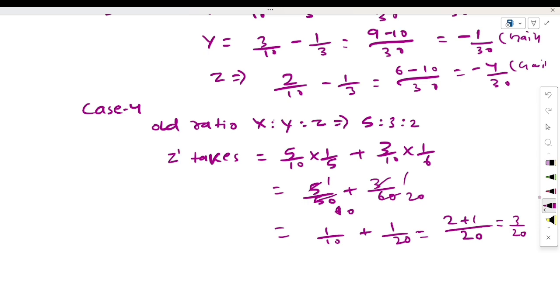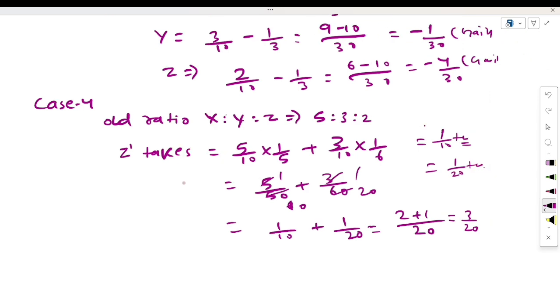Now we have to see how much X will surrender and how much Y will surrender. X will surrender 1/10th from his share and Y will surrender 1/20 from his share. Now what would be the new ratio?